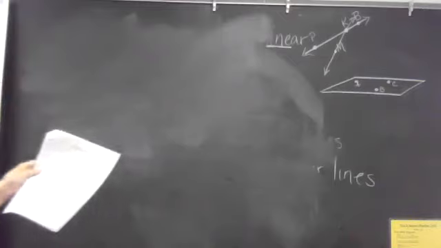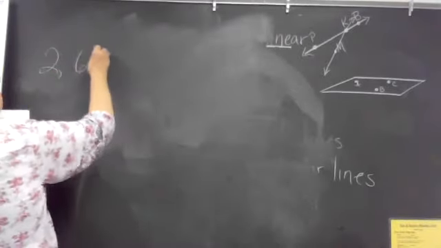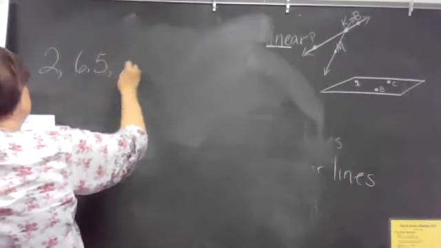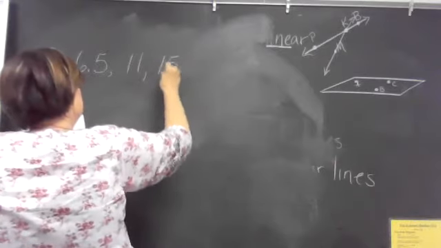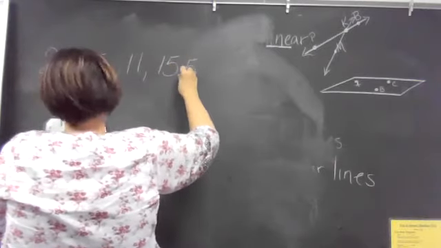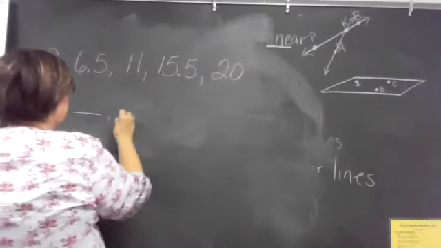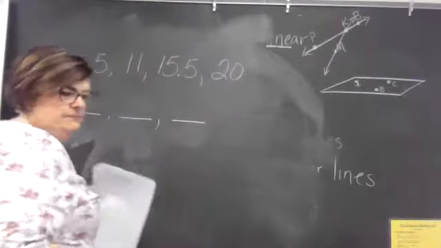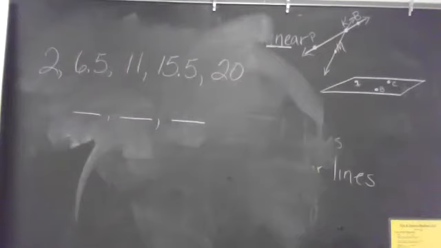And I want to do one with decimals in it for you. 2, 6.5, 11. Y'all need your calculators? Okay, right here, 20. Let's find out the next 3. This is page 6.